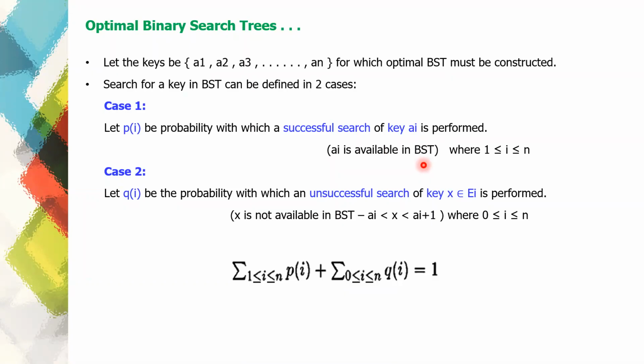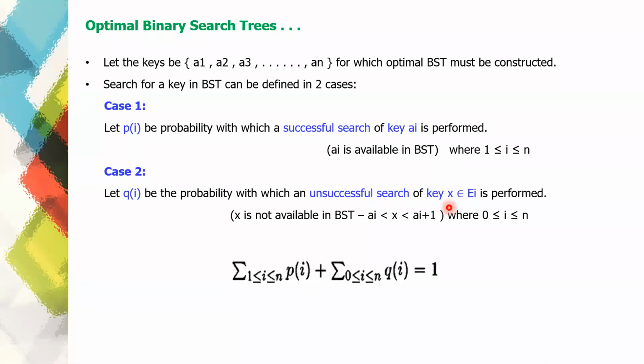If you are searching for some key X, which is not available in the BST, then it will be an unsuccessful search. And let QI be the probability of the unsuccessful search, where you are searching for some key X, which is not available in the tree.